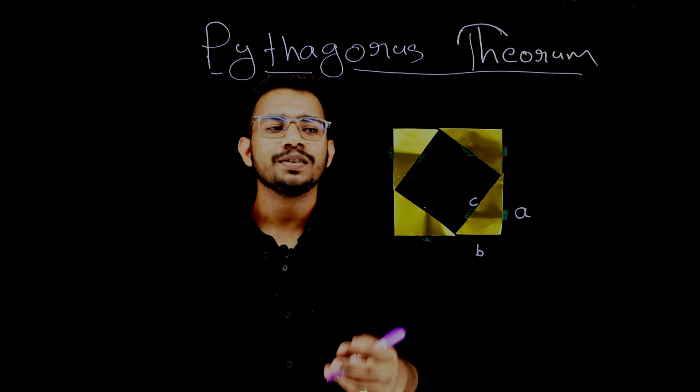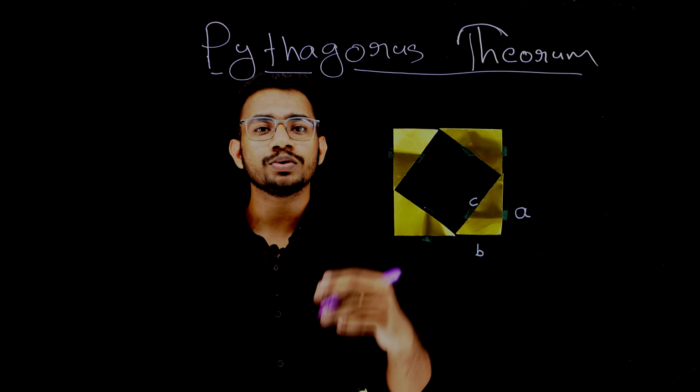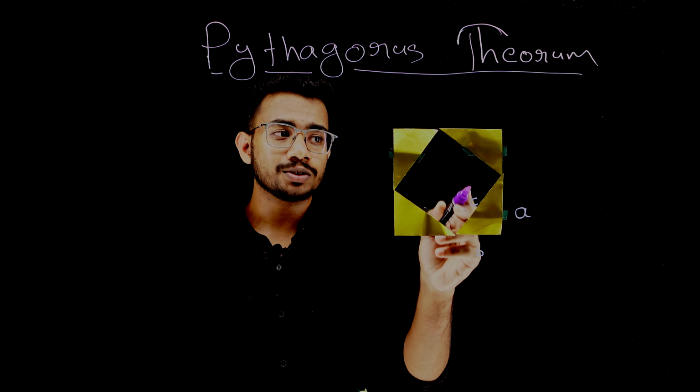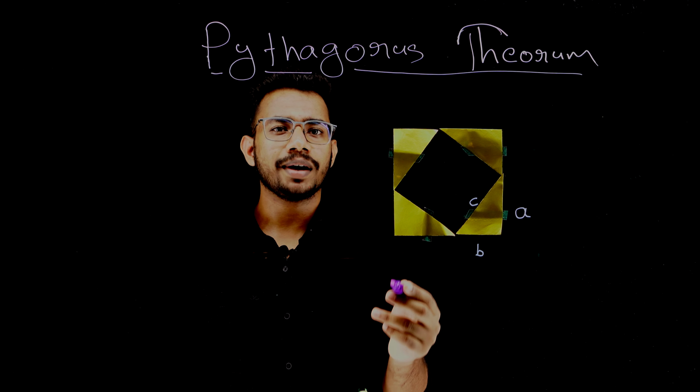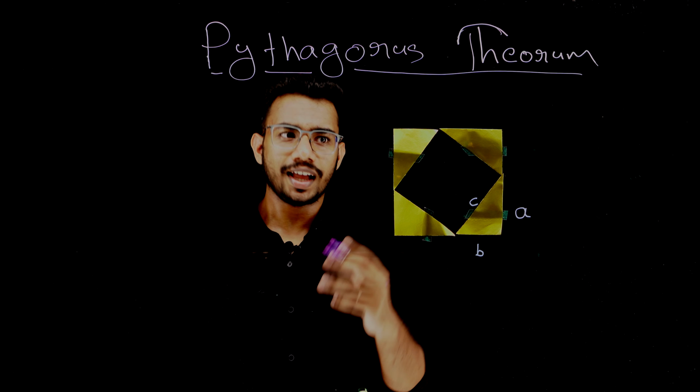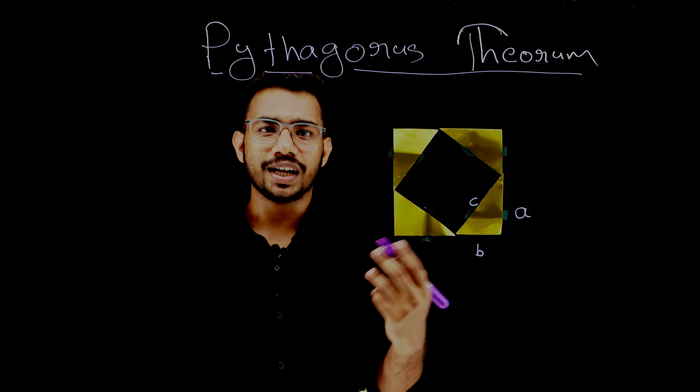So here we have 4 similar triangles forming 2 squares, one being the inner square and one being the outer square. Now how do I know that I have 2 squares here? I can see it, but how do I know that?